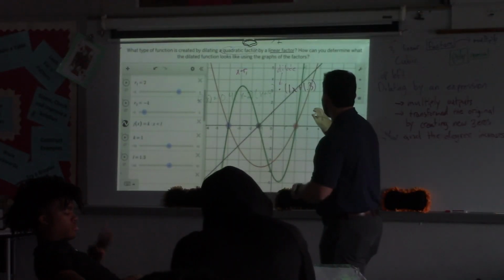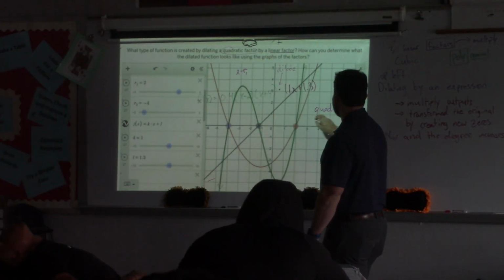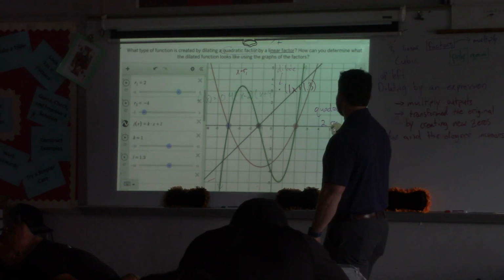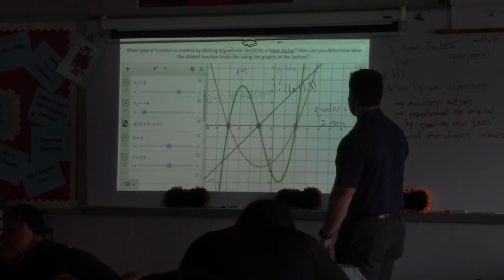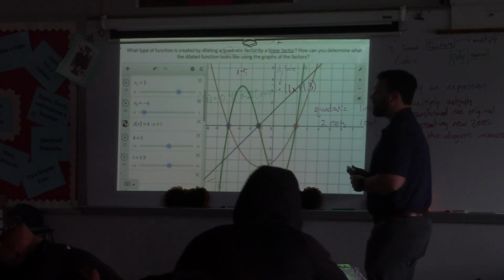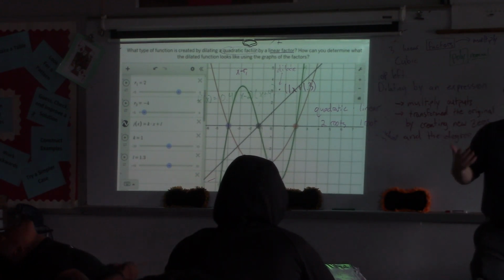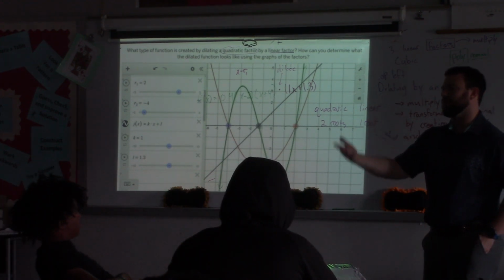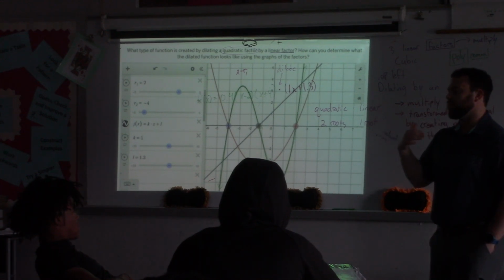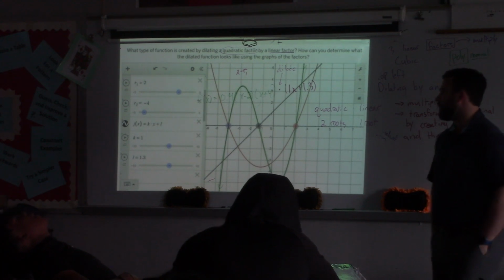So when I take a quadratic that has 2 roots, and I multiply it by a linear that has 1 root, how many total roots do I have? 3. Remember, the whole idea of dilating is creating new zeros. So we're creating those new zeros when we dilate by a new polynomial.